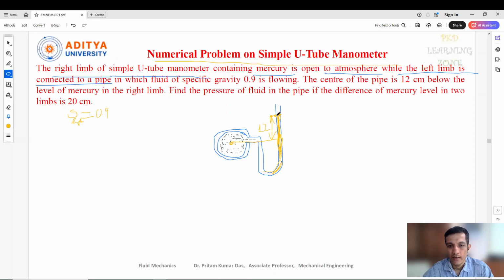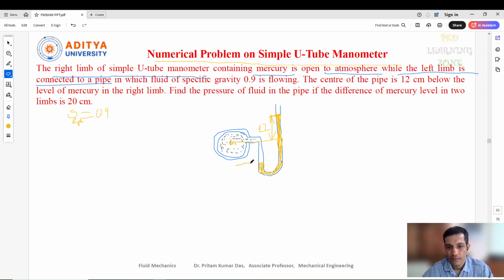Okay, as we know, the mercury will be pushed by this liquid which is flowing in the pipe, and the right limb and left limb both contain mercury, but the difference of the right limb and left limb mercury level is given.